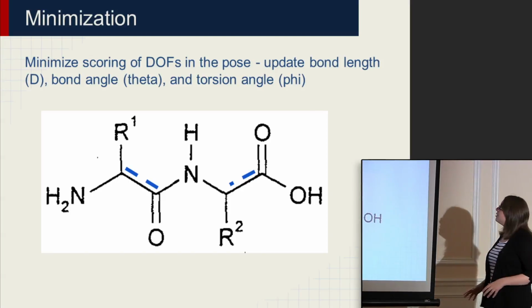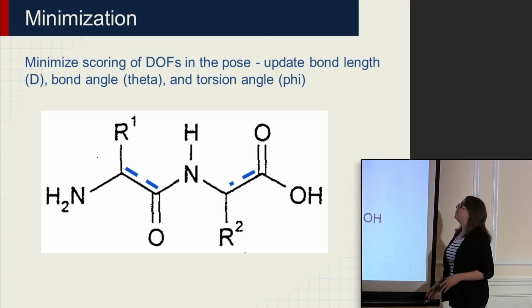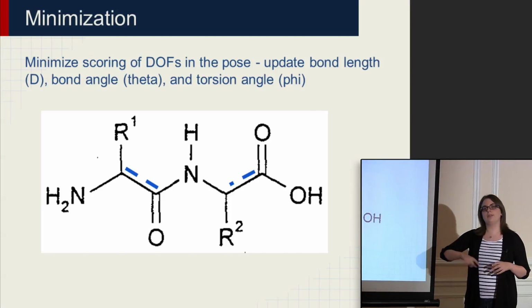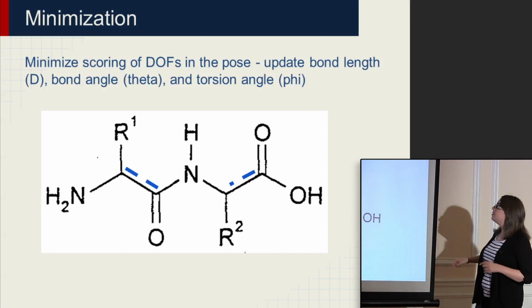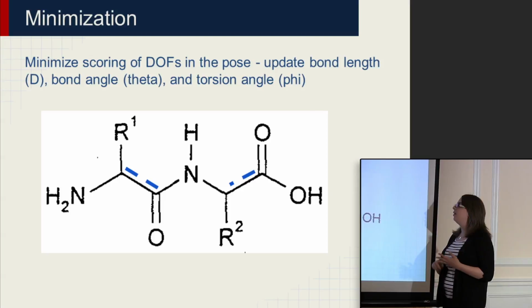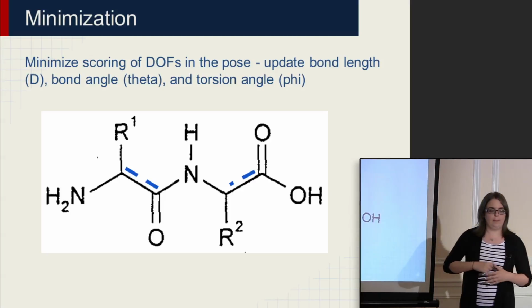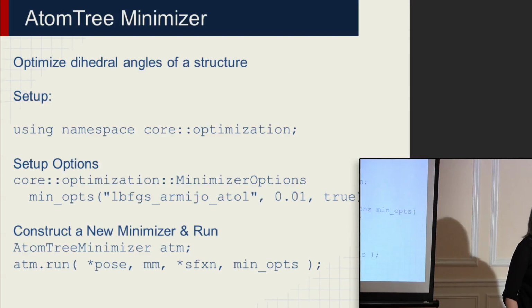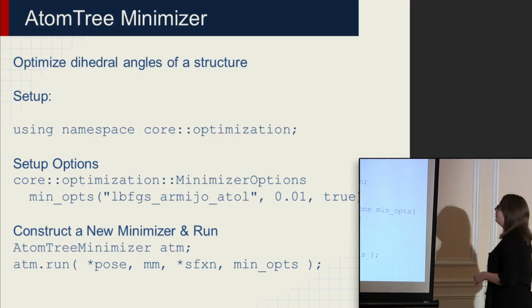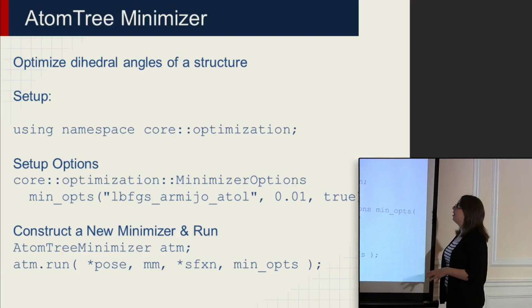And then next, we'll talk about minimization. Minimization is when you iterate through the degrees of freedom in a pose, which is bond length, bond angle, and torsion angle. You'll update these and also evaluate best energy. The way to interface with the minimizer is through the namespace optimization.